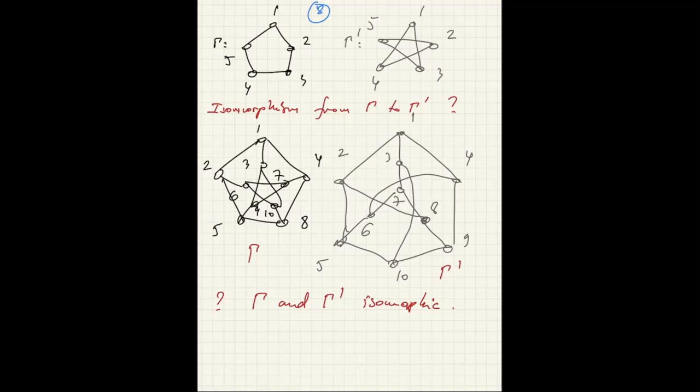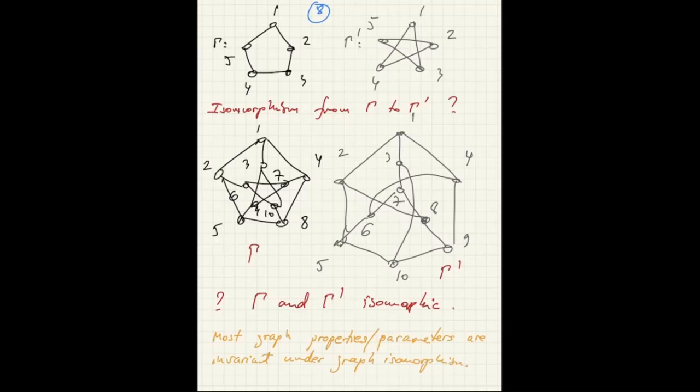So I'll write it here, this observation that most graph properties or parameters are invariant under graph isomorphism.